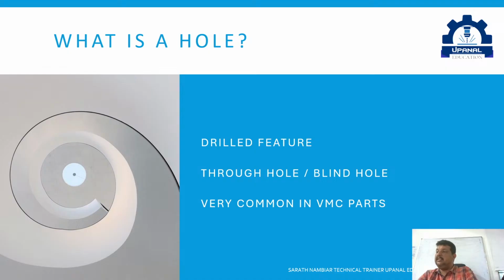Because machining will change based on these features. For a through hole, full drilling will go through. For a blind hole, we do controlled depth. For example, it can be dia 8, 10, 12 or 13.5 mm, whatever. That's known as drilling of holes.